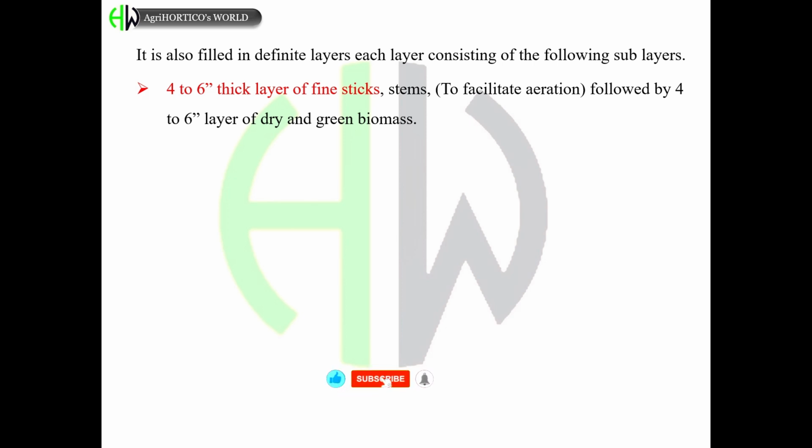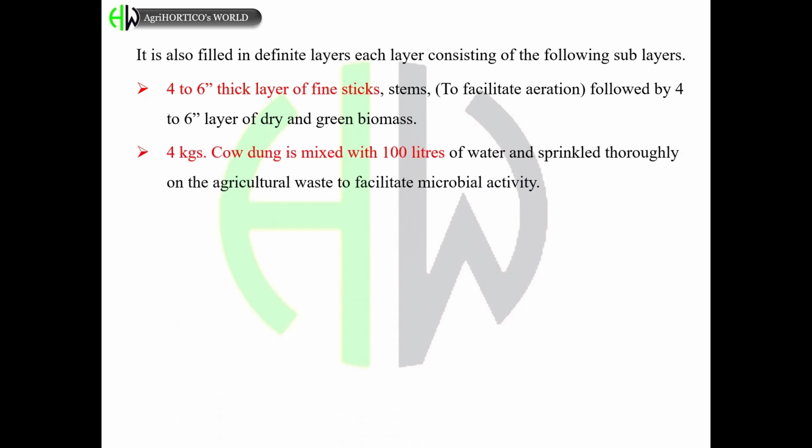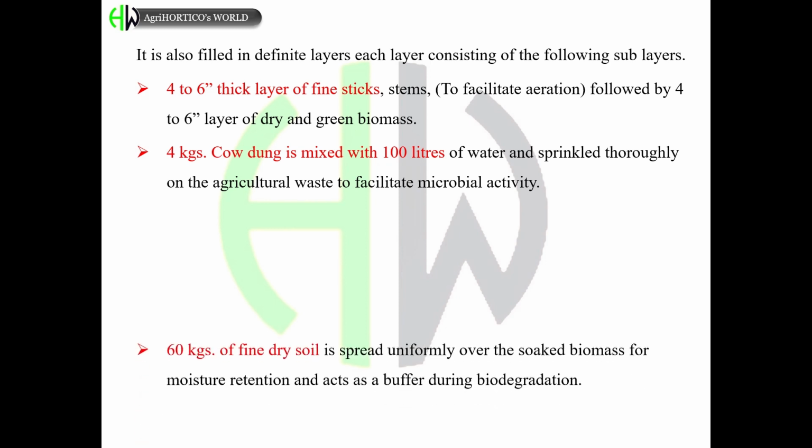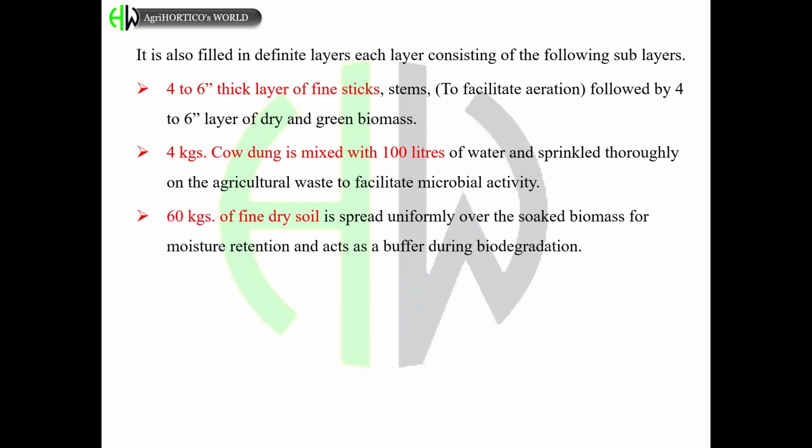Followed by a 4 to 6 inch layer of dry and green biomass. 4 kilograms of cow dung is mixed with 100 liters of water and sprinkled thoroughly on the agricultural waste to facilitate microbial activity. 60 kilograms of fine dry soil is spread uniformly over the soaked biomass for moisture retention and acts as a buffer during biodegradation.